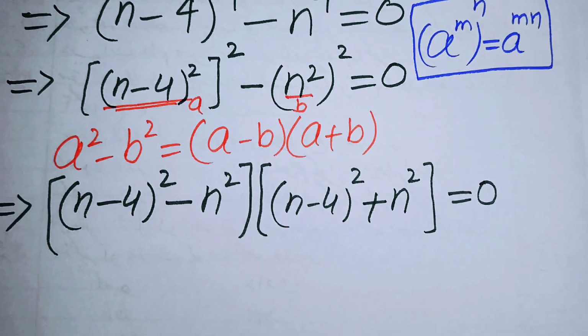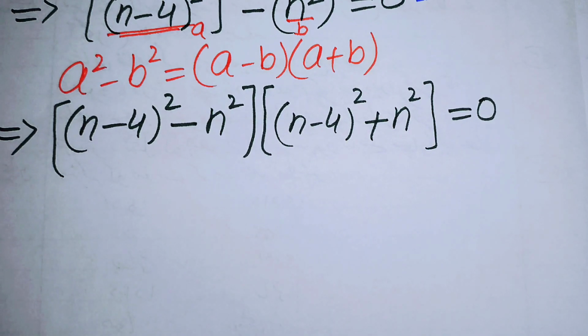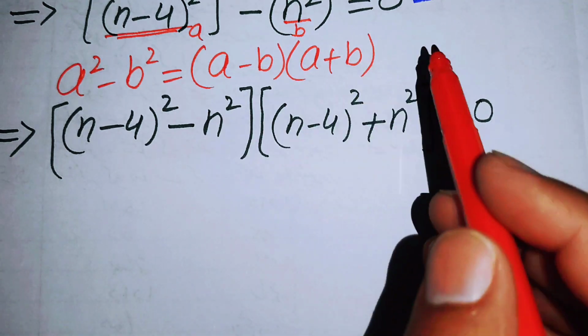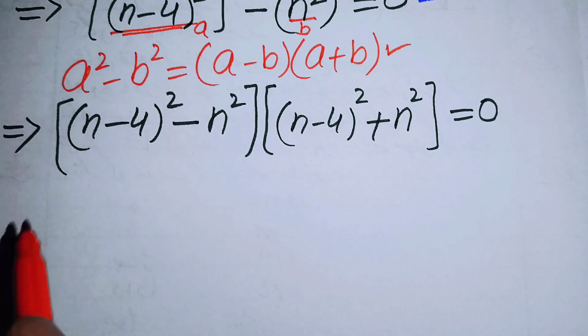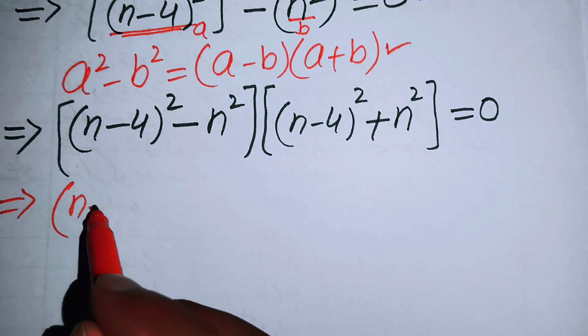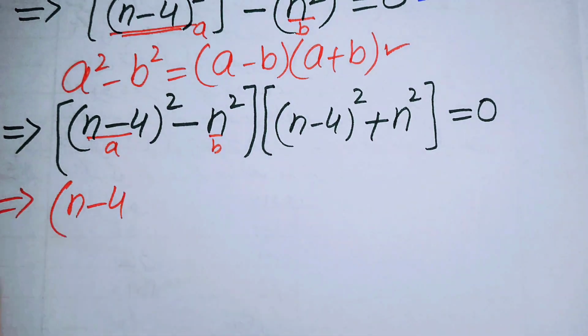And now again you focus on the first factor, and here you see that we have a squared minus b squared. We can again apply this formula and you get n minus 4, because this is the value of a and n is the value of b.